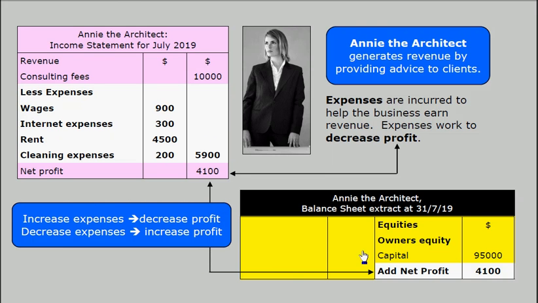That will lead to a decreasing effect on owner's equity. If expenses are relatively low, then profit is relatively high, and that will have a positive effect on owner's equity. So expenses work to decrease profit. Profit belongs to the owner, so expenses tend to reduce owner's equity.